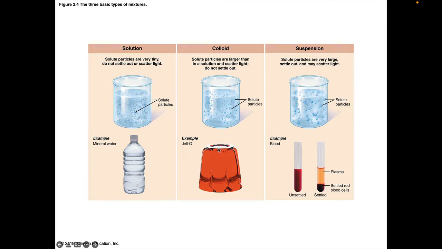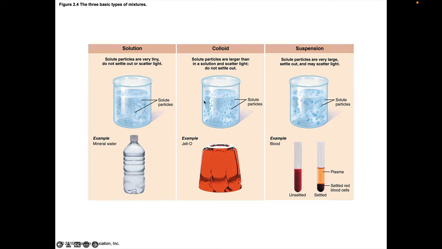A colloid is more like a gel. So the solute particles are bigger and they scatter light. So if you shine a light through the solution, it would just pass right through. If you shine a light through the jello, it may scatter that light some more because the solute particles are larger and less evenly distributed.